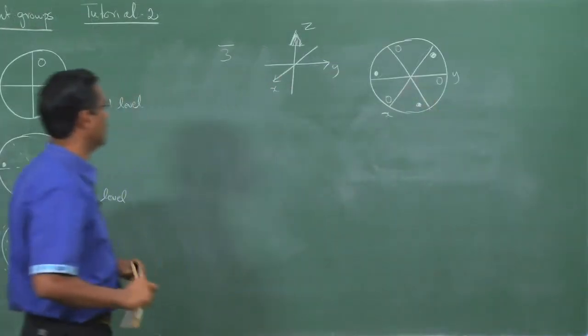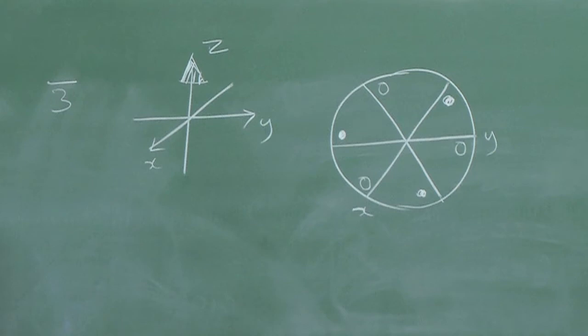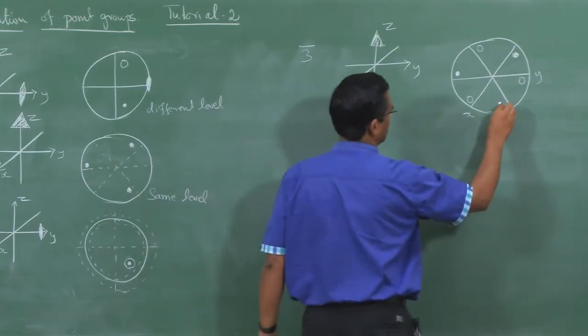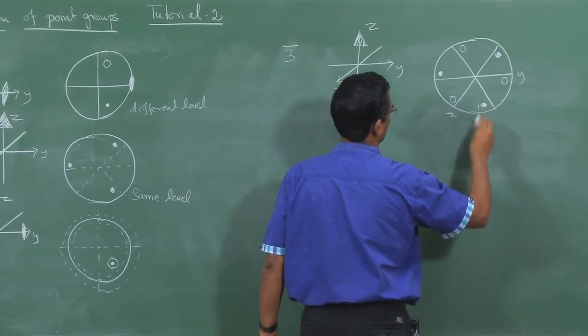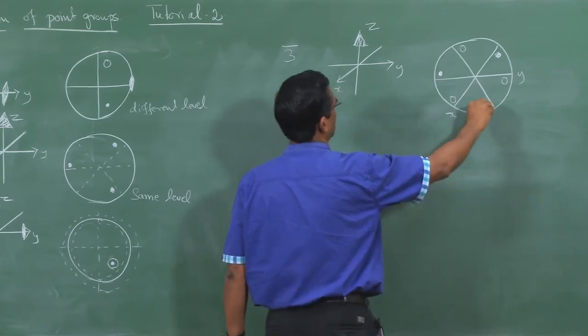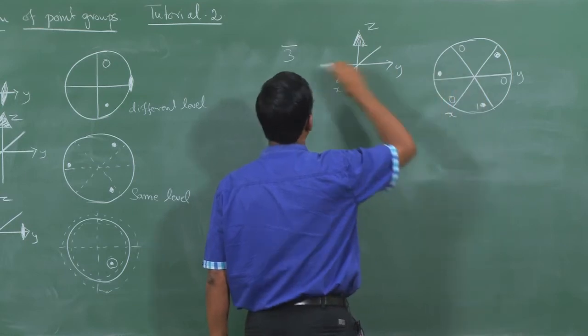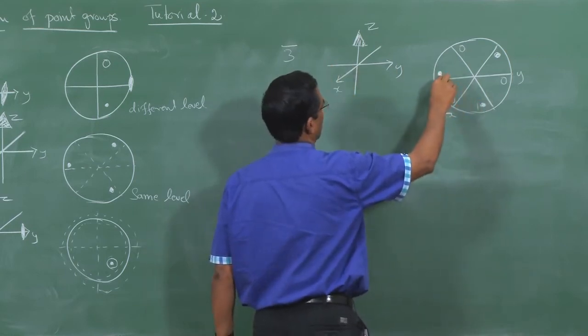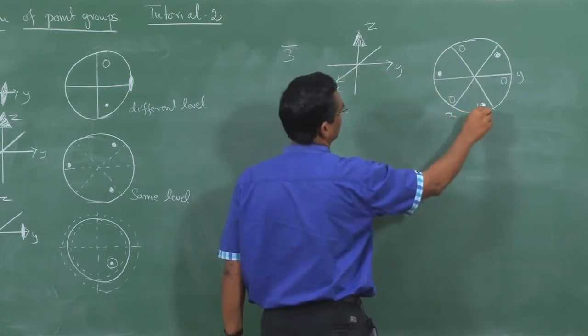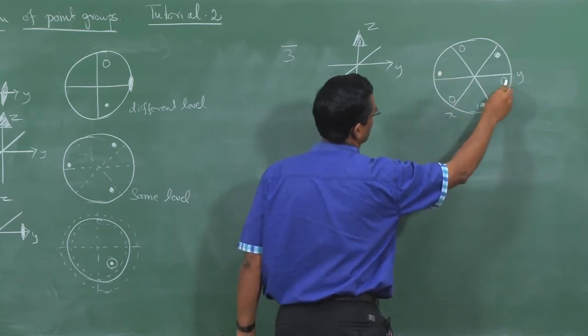What I have done here is 3 bar, that means roto-inverter. Suppose I start from this point 1, it will go 120 degrees here because it is C3, but it will also invert. Invert means it has to go through the center.